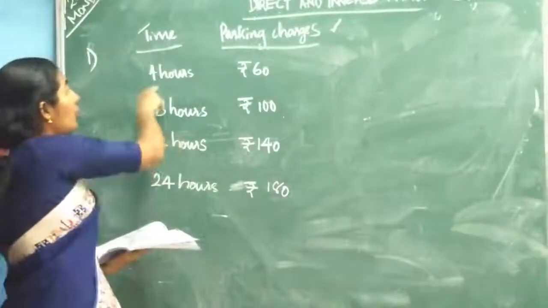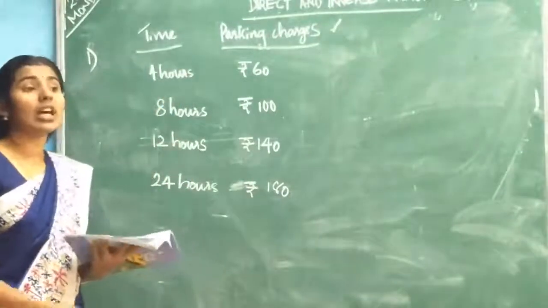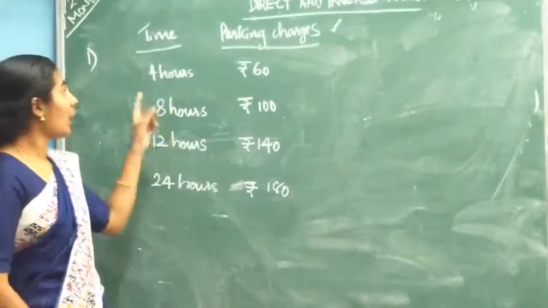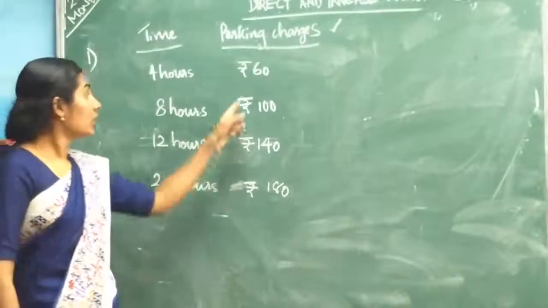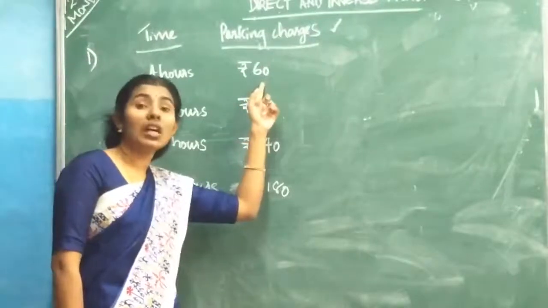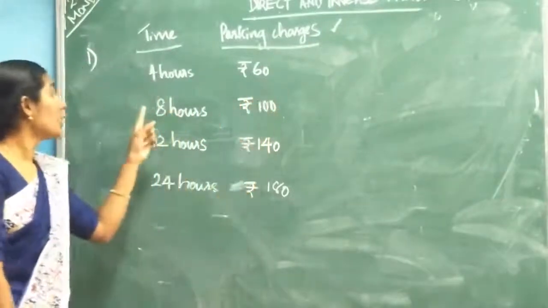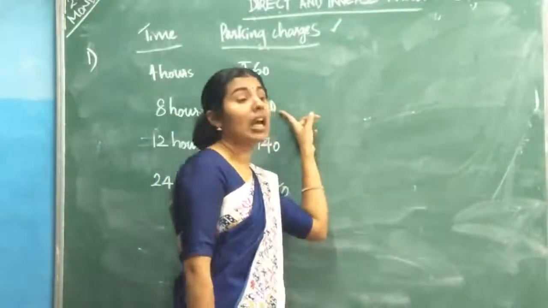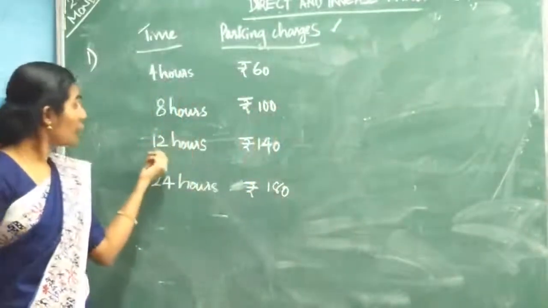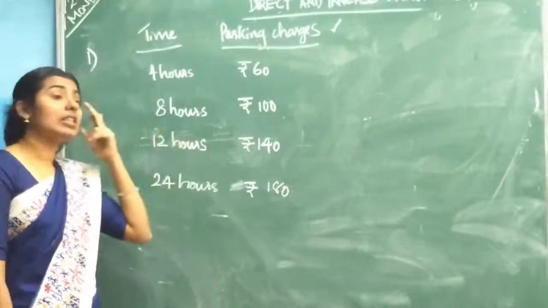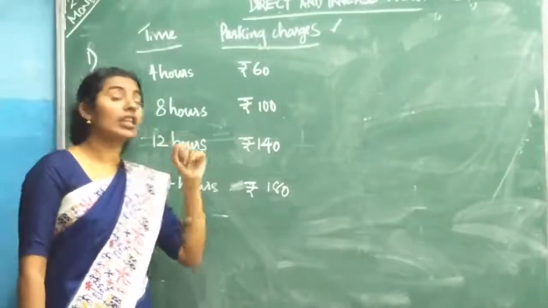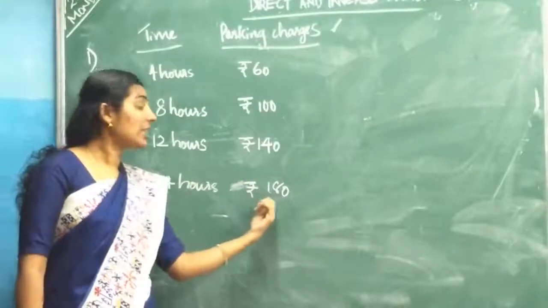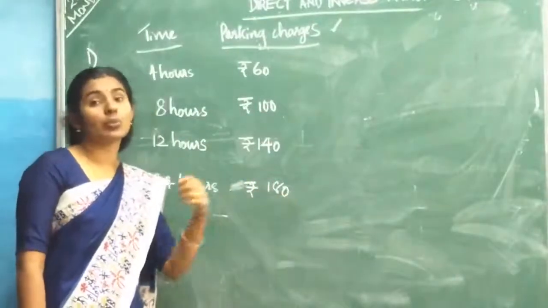Up to 4 hours, they will take a charge of 60 rupees. For 8 hours, they will take 100 rupees. For 12 hours, they will take 140 rupees. For 24 hours, they will take 180 rupees.